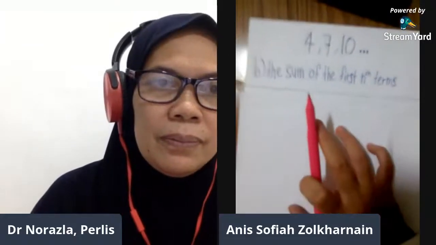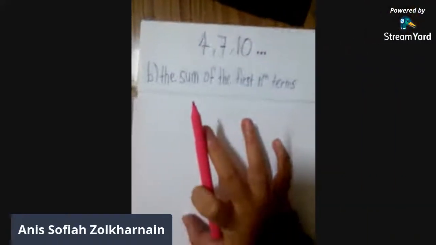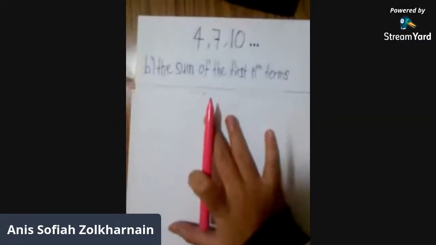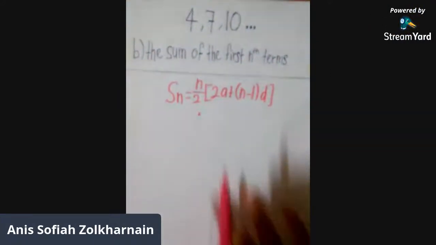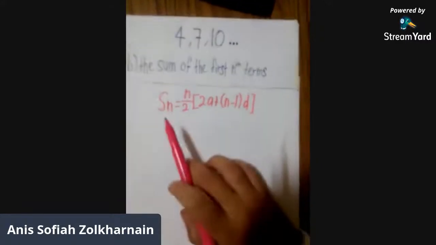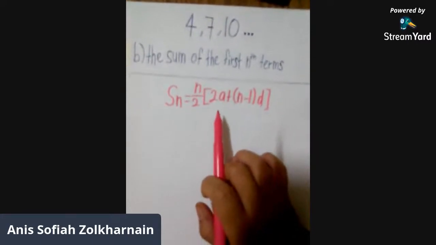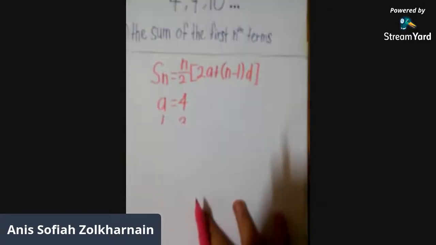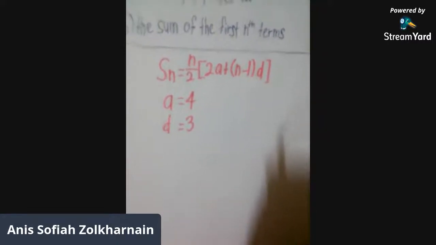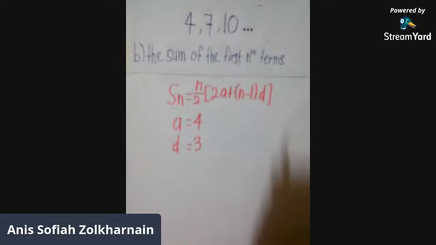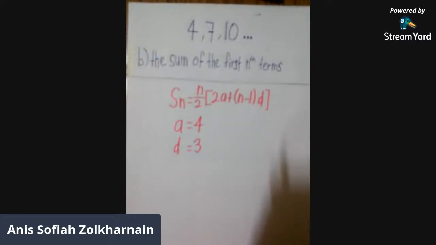I'm sorry for that. So I will continue with question B, the sum of the first n terms. Just like before, we write the formula for the sum of the first n terms, and we substitute the values of a and b, but we do not substitute the value of n because it is not given.